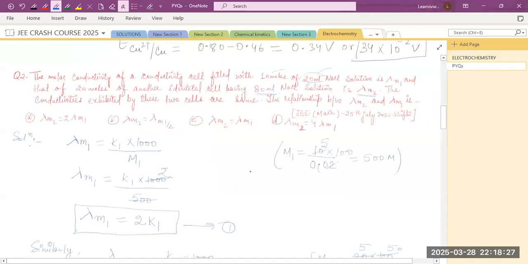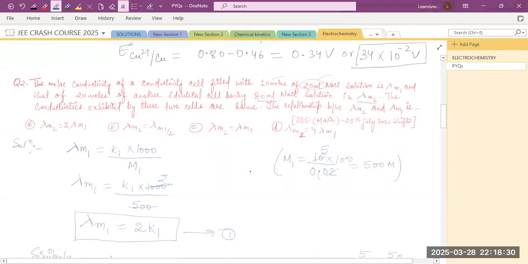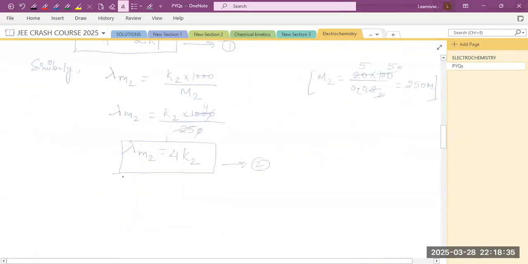Now see, in the question it is given that the conductivities exhibited by the two cells are same. So the conductivities, K1 equals K2, it is given, right? So from here, you can write K2 is equals to lambda M2 upon 4.